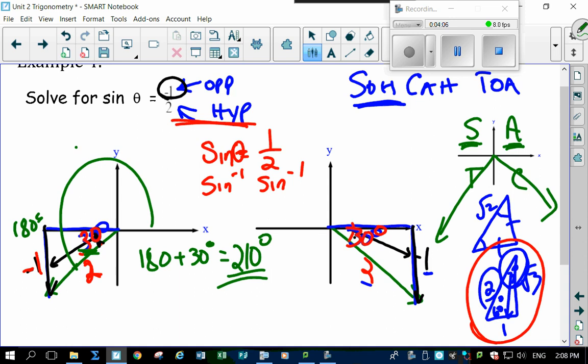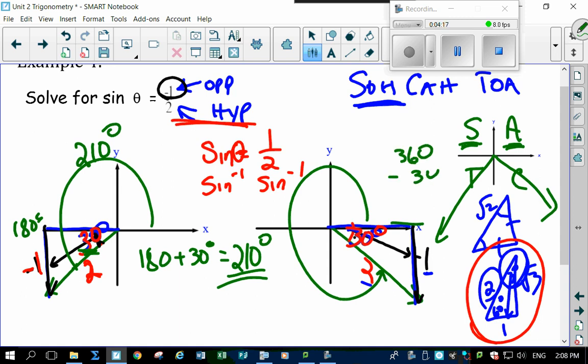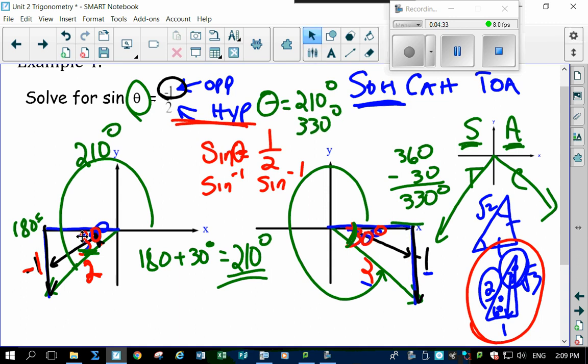So that angle could be either 210 degrees or, check this out, could go all the way around to here, almost 360, right? Subtract the 30 degrees from it, which is your reference angle, gives you 330 degrees. So this particular question, theta has 2 answers. It has 210 degrees as an answer and 330 degrees as your other answer. Pretty cool.